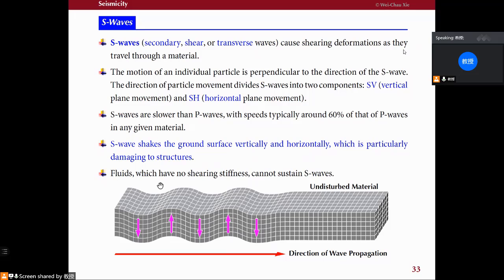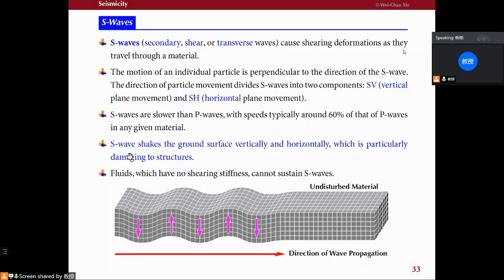S waves are slower than P waves, with speeds typically around 60% of that of P waves in any given material. S wave shakes the ground surface vertically and horizontally, which is particularly damaging to structures, okay, because it goes up and down or in the horizontal direction, left to right.